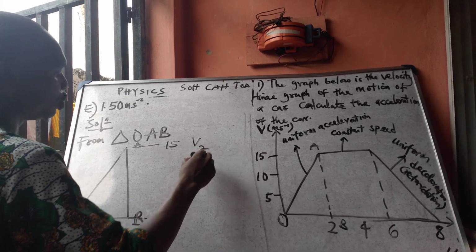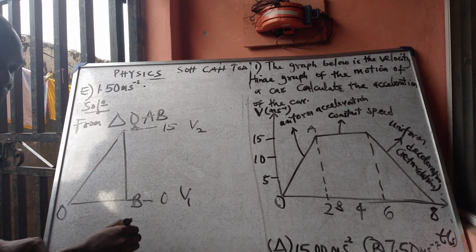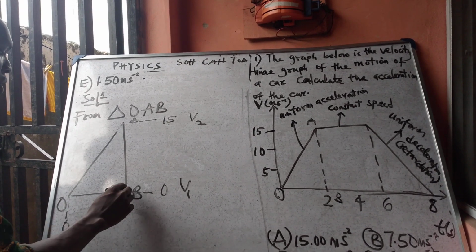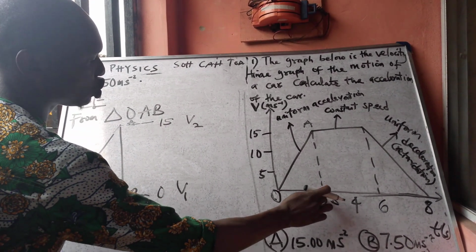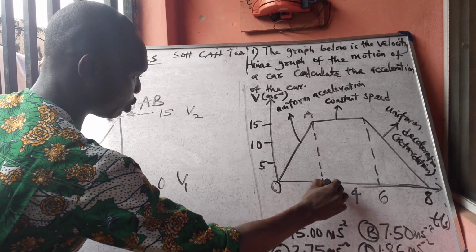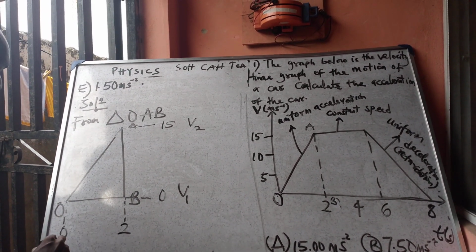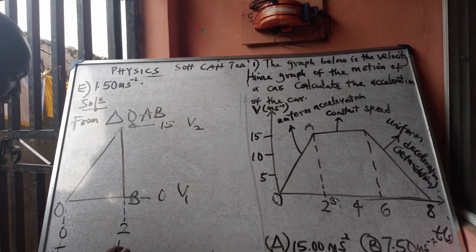That is final velocity v2 and initial velocity v1. Now, at point O, you have time as 0, and at point B, the time is 2. So you call this t1 and there t2, which is 2.